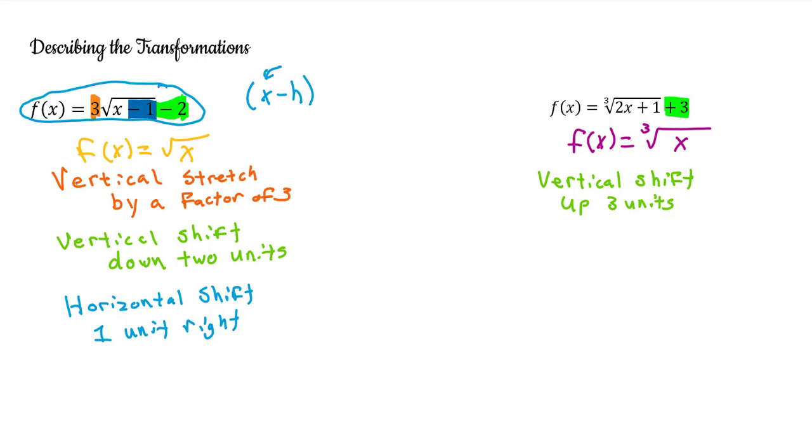So the first transformation I want to get out of the way is this coefficient of x, which is 2x. So remember what I was saying earlier, we know that our horizontal transformation is 1 over b. So let's say we had 1 over b and we set it equal to 2.